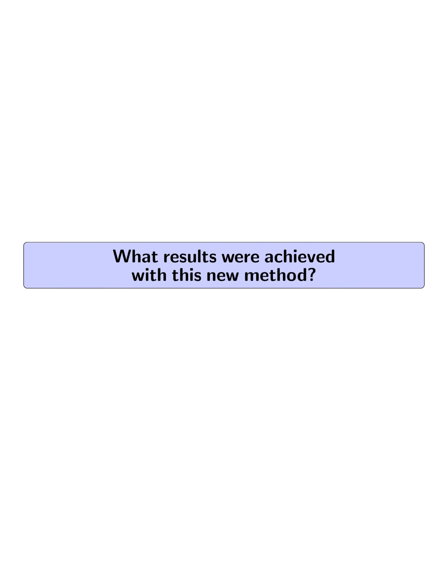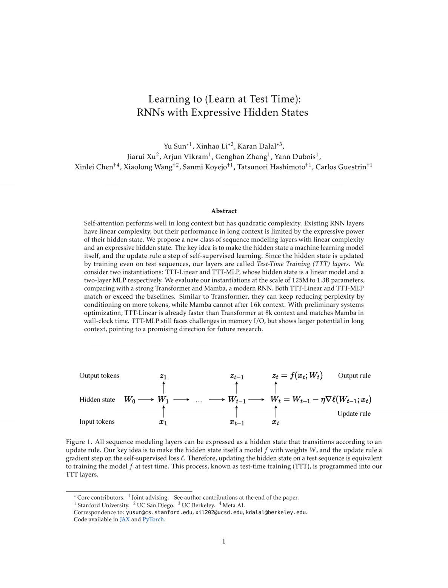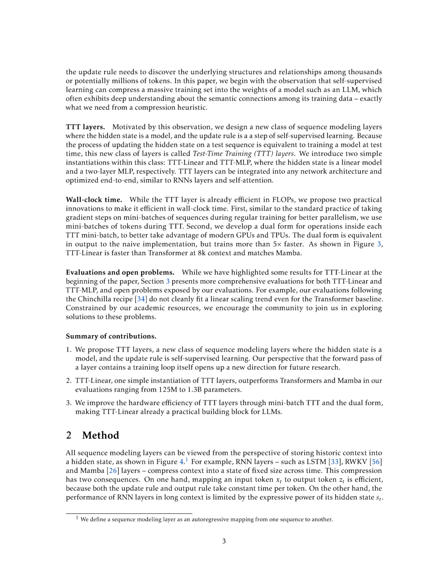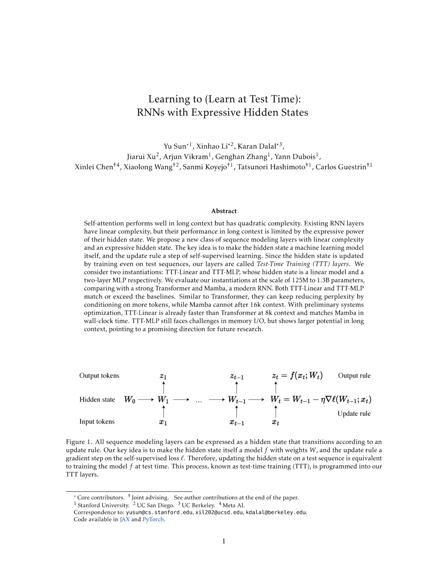What results were achieved with this new method? The new method, Test Time Training (TTT), achieved significant results in the study. TTT layers, specifically TTT linear and TTT MLP, outperformed the modern RNN Mamba in evaluations ranging from 125M to 1.3B parameters.